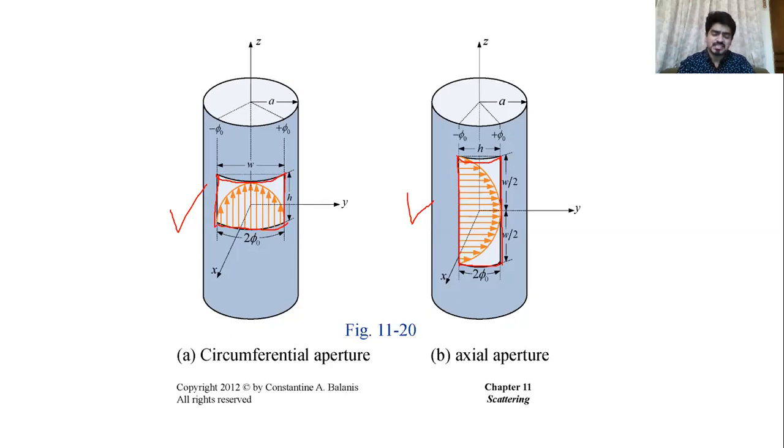Now, as you can see, for the circumferential slot or circumferential aperture, your E field is tangential to the shorter side of your aperture.